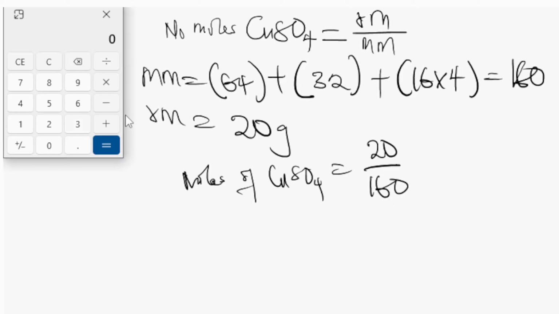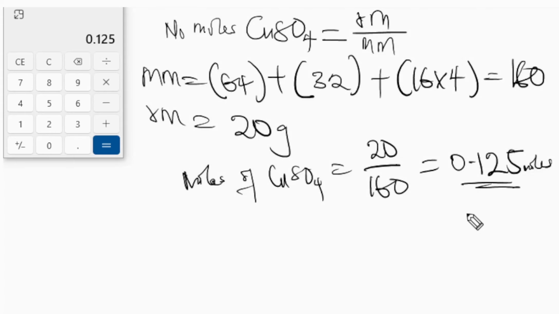So let's go ahead and solve these together. And this will give us 0.125 moles. Alright, so guys, now we've gotten the number of moles.